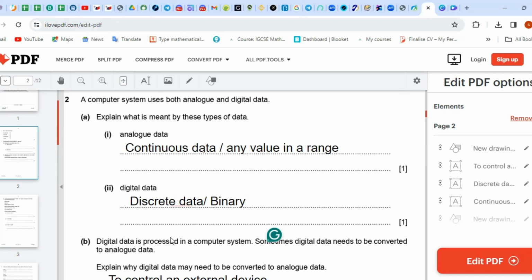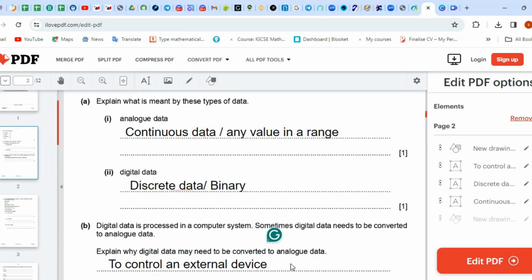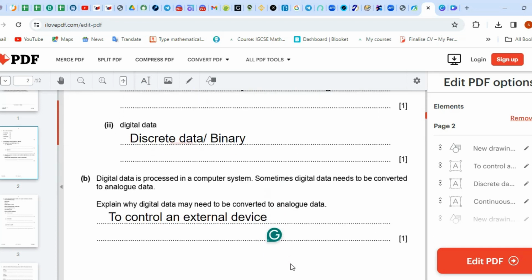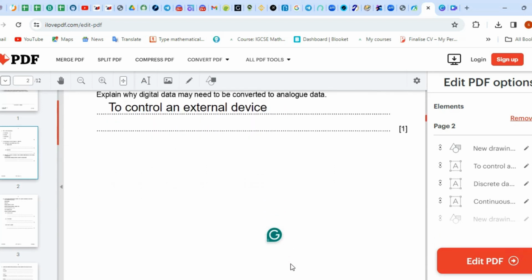The answer is that we need to convert digital data to analog data because you need to control an external device. That is one of the reasons why you convert digital data to analog data.